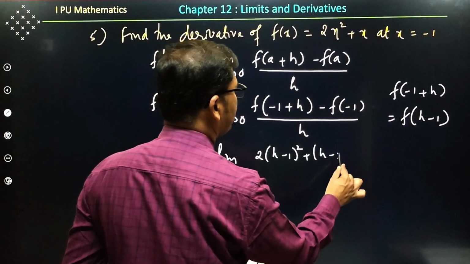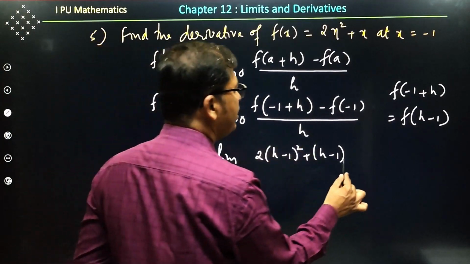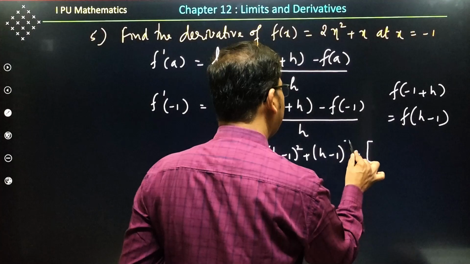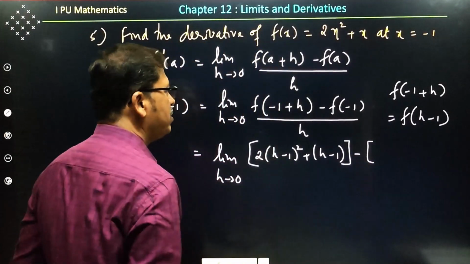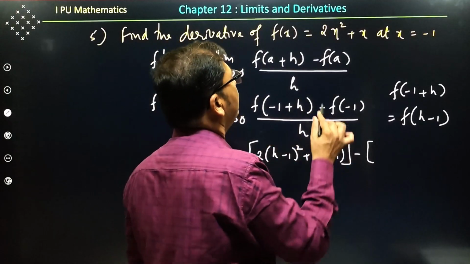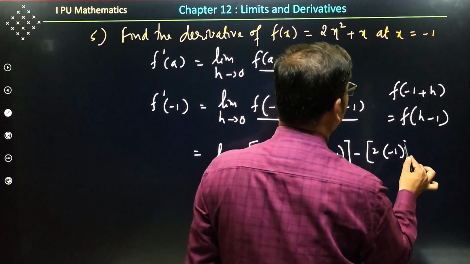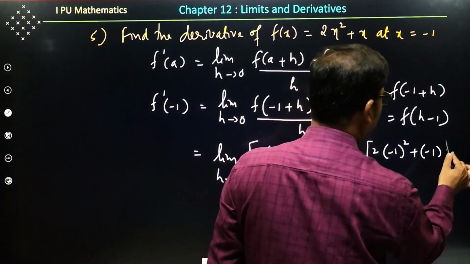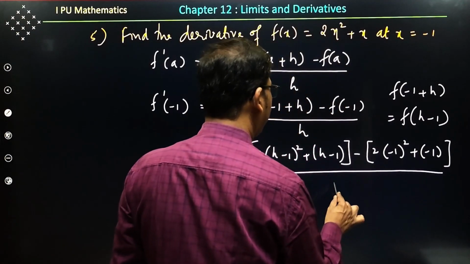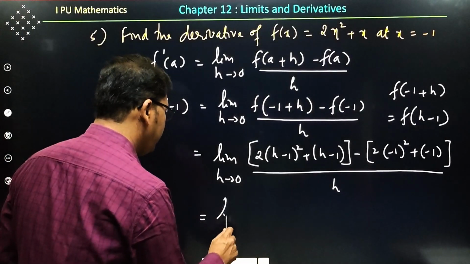Now what have you written? f of h minus 1, minus f of minus 1, you have to write that. You put a bracket here. So first f of minus 1 plus h is done. Now minus f of minus 1, x is to be replaced by minus 1, so 2 into minus 1 to the power 2 plus of minus 1, whole divided by h. We need to simplify this. Now limit h tends to 0.